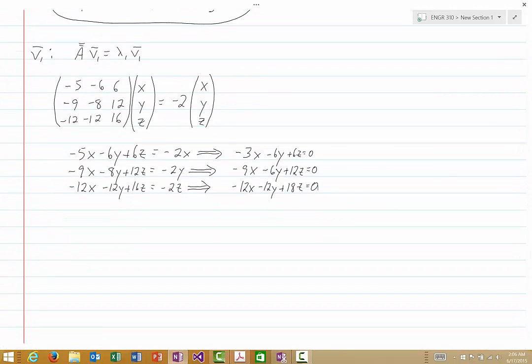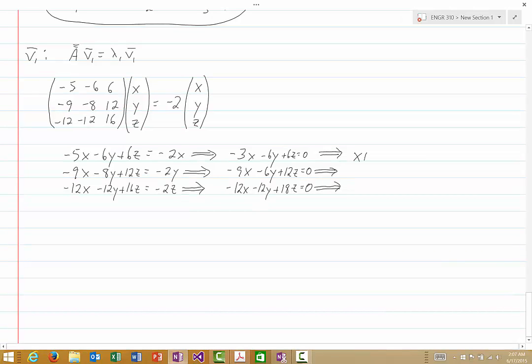And now I think that what I would recommend doing now, before we go to Gauss elimination, is to get these coefficients smaller. I would divide the top equation by negative 3 to get x plus 2y minus 2z equals 0.